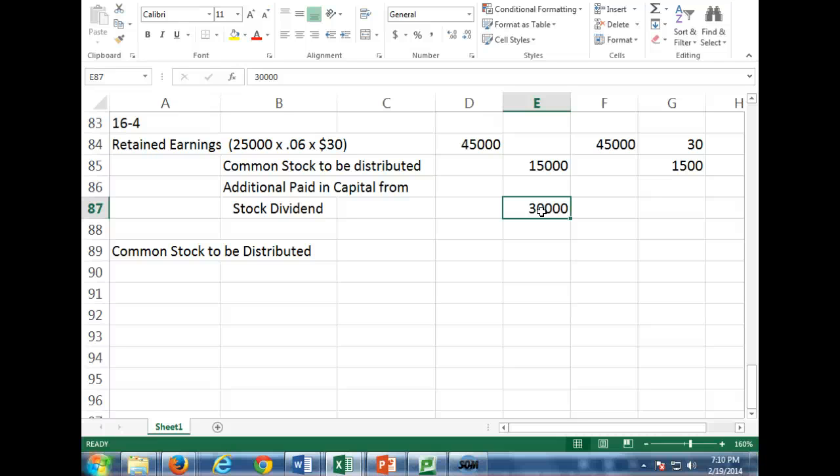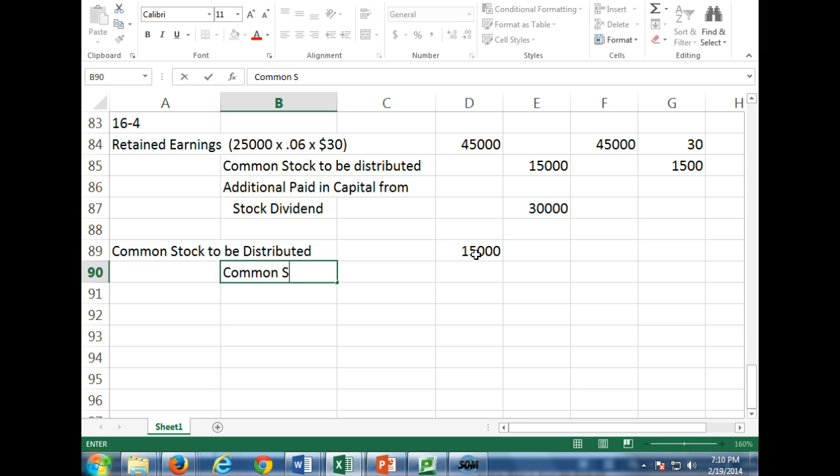Okay, so common stock to be distributed is $15,000. And the next one here is going to be common stock, 15. What are we doing here? Do you see in this initial journal entry when we declared it, how we reduced our retained earnings?